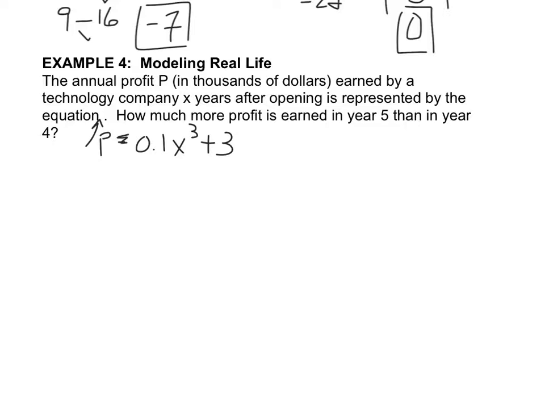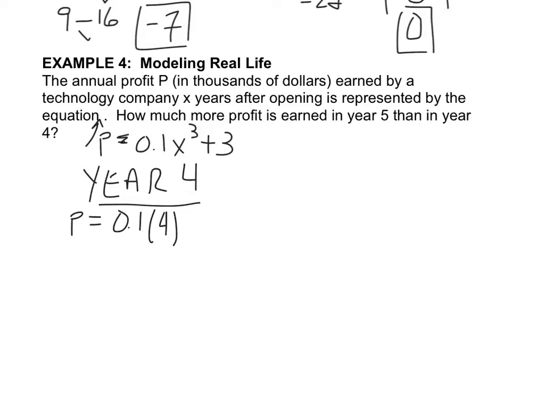At the moment, we don't know what we made in year 4 or in year 5 or in year 1 or 2 without plugging the numbers in and using the formula. So if I want to know year 4, I'm just going to plug in my formula. I don't know the profit, but I do know the 0.1. I now know that it's year 4 we're looking for, raised to the 3rd power, and plus 3.